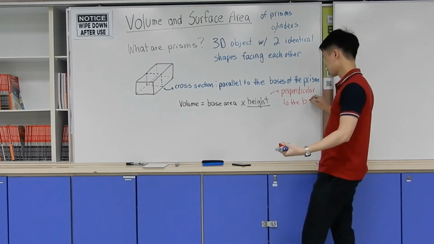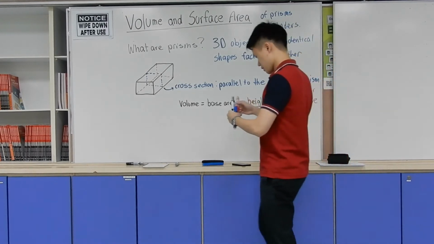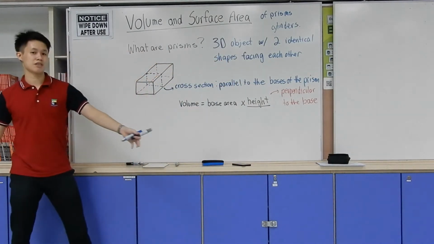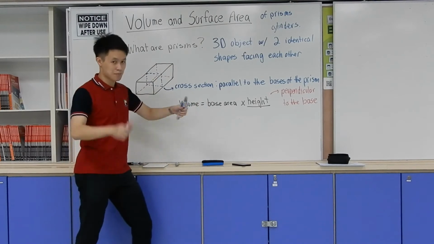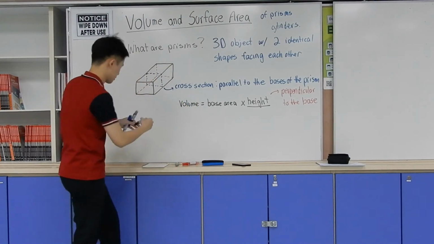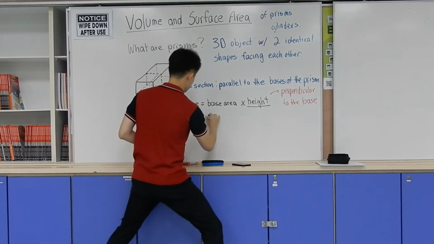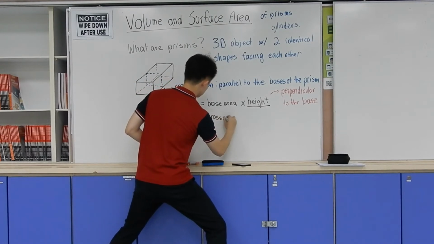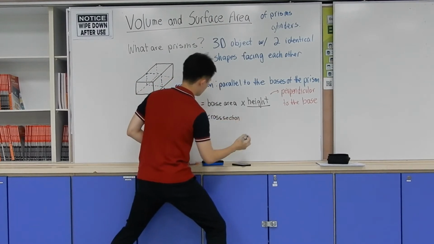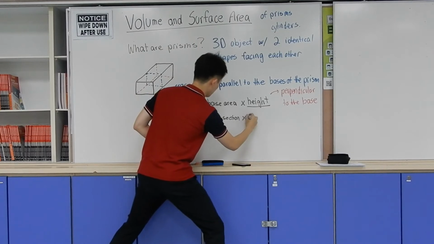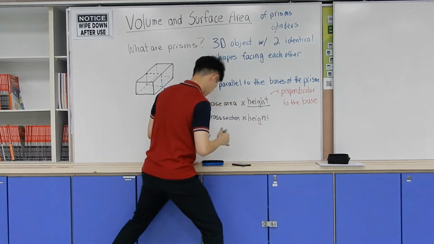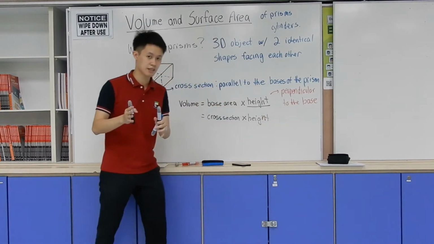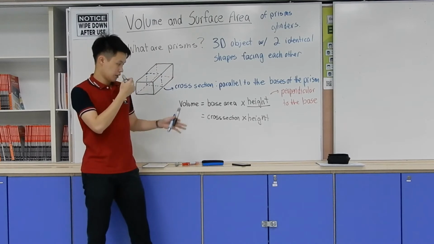Since the base and the cross section must be identical, I can also say the volume is the cross section area multiplied by the height. Hence, this is how you find volume.